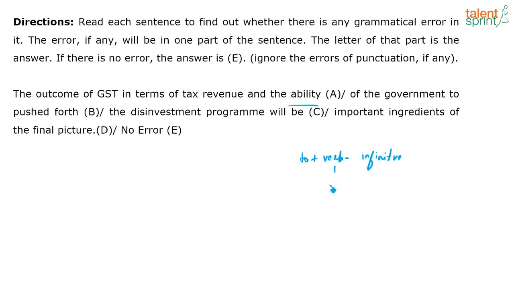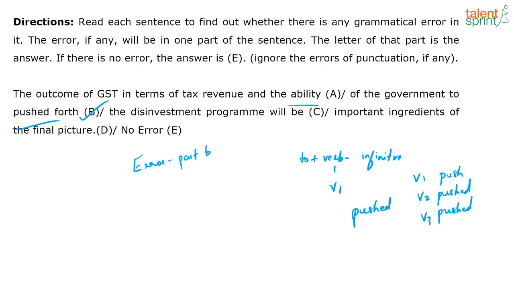And this verb is always verb 1, which means "pushed" is incorrect. That's not verb 1, right? It's verb 2 or verb 3. Push, pushed, pushed, verb 1, verb 2, verb 3. Which means if it's an infinitive form, I always need the first verb. So that's why the error is in part B, and I change "pushed" to "push."